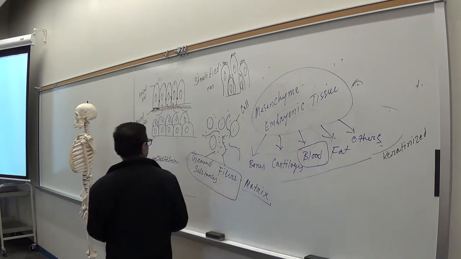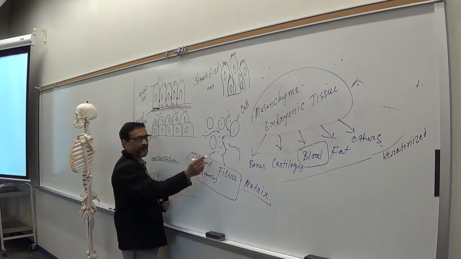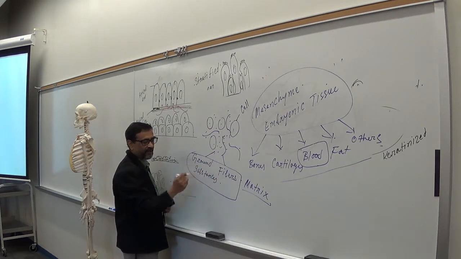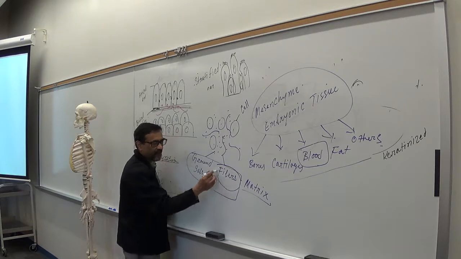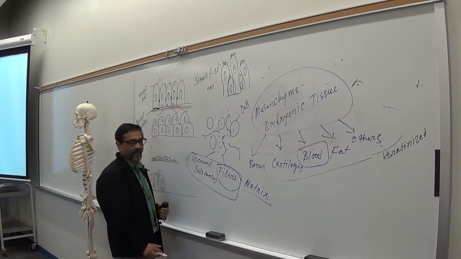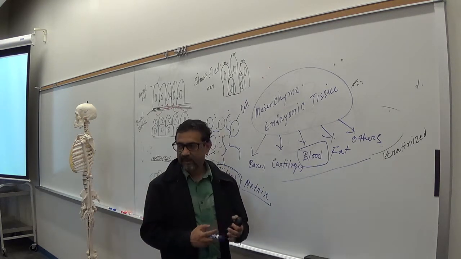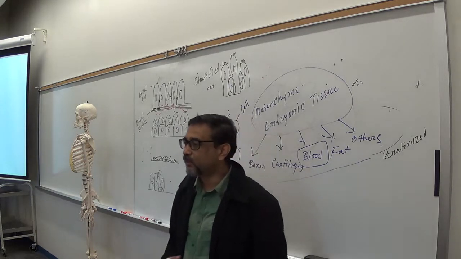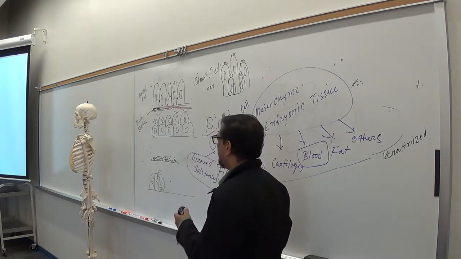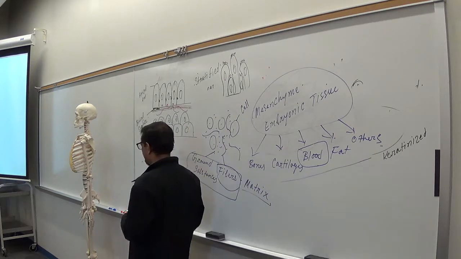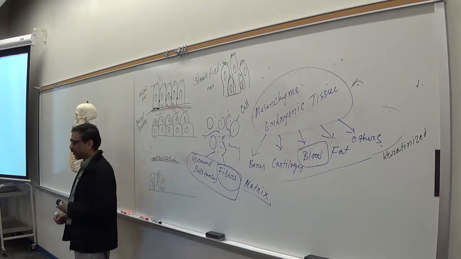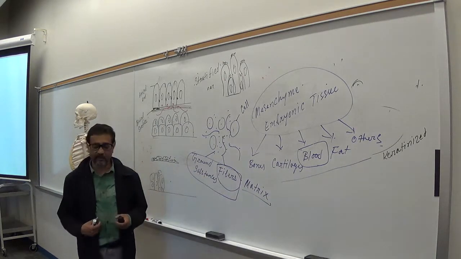Now, fibers. We know that there are different types of cells, fibers, and ground substances. Three types of fibers are found in connective tissue. What are those? Elastic fibers, collagen fibers, reticular fibers. You have seen all these fibers under the microscope.